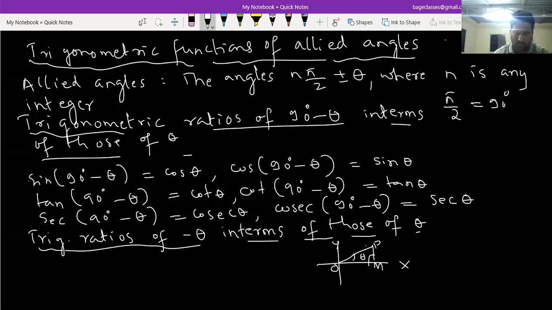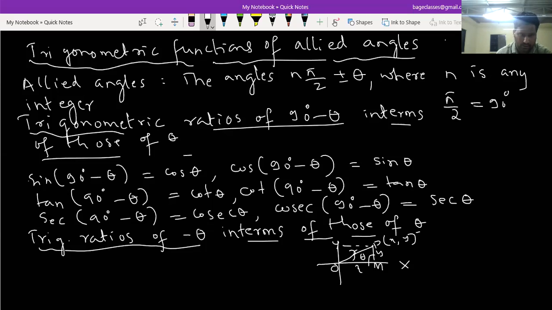If it is (x, y), then the perpendicular distance of the point from the y-axis is x, and from the x-axis is y. Let the magnitude of vector OP be r. According to the Pythagoras theorem, r equals OP equals square root of x squared plus y squared.